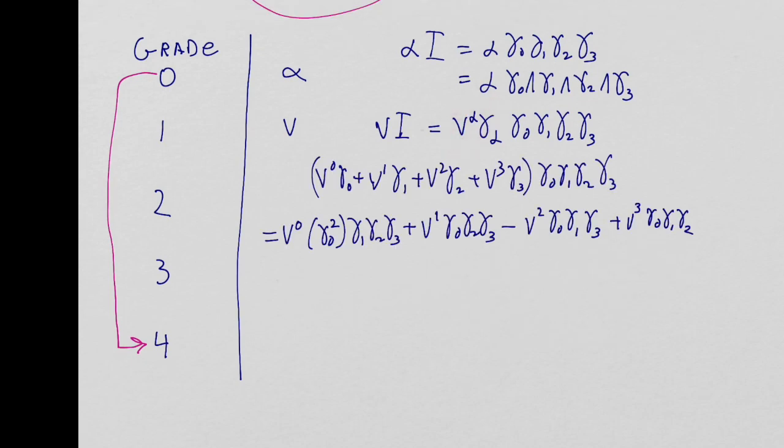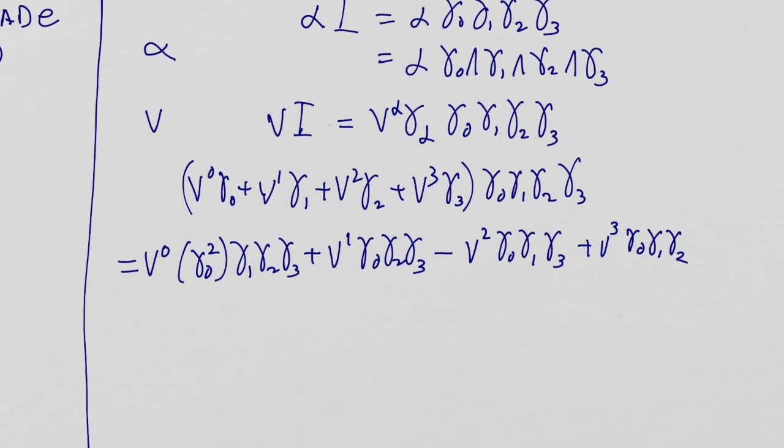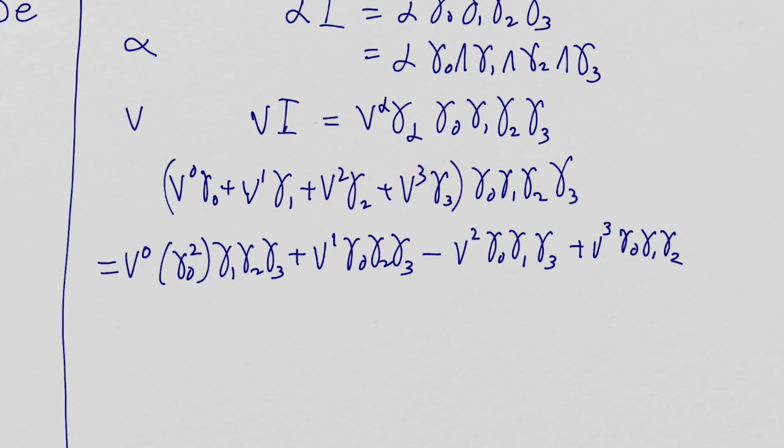I don't usually blow up these Einstein sums, but why not? So V alpha gamma alpha is V0 gamma 0 plus V1 gamma 1 plus V2 gamma 2 plus V3 gamma 3, and then this is I right here. So by linearity, we now are dealing with these 4 products with I. The first one is really easy. It's just gamma 0, gamma 0, gamma 1, gamma 2, gamma 3, which is gamma 0 squared. But gamma 0 squared is just 1. So this is going to be just V0, gamma 1, gamma 2, gamma 3.